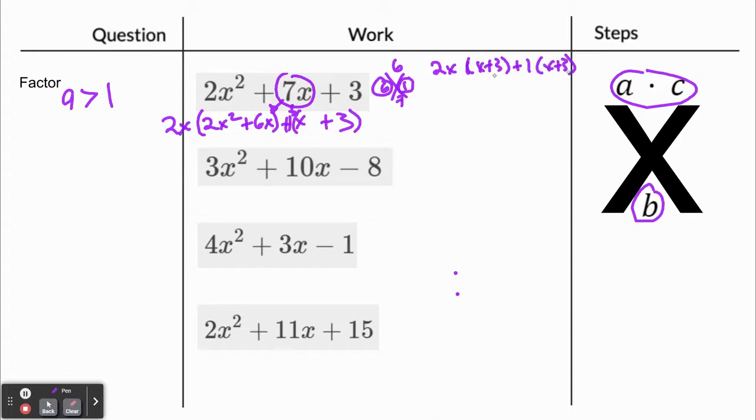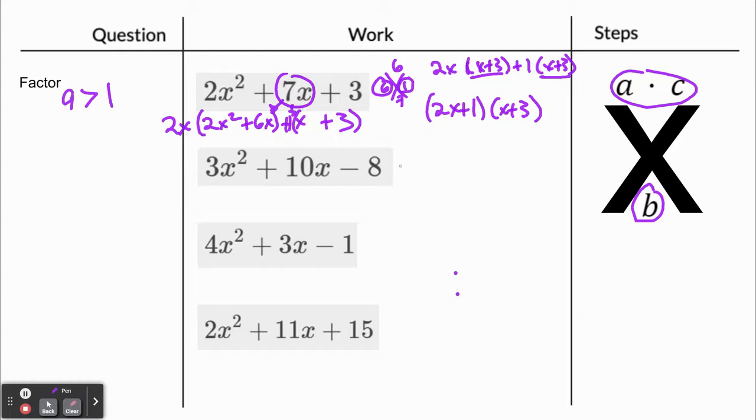And now when we have these two as the same, I can then factor that out, which leaves me with 2x plus 1 times x plus 3. And now we can do that same process with all three of these here. This doesn't always work. If it doesn't work, that means that it's unfactorable, but this is something to try when we have an a value that is greater than 1.